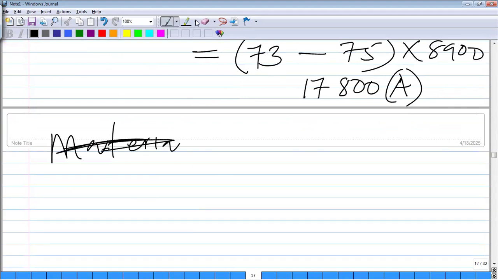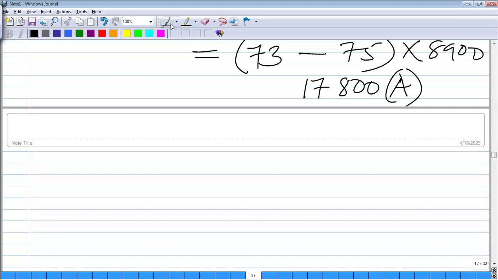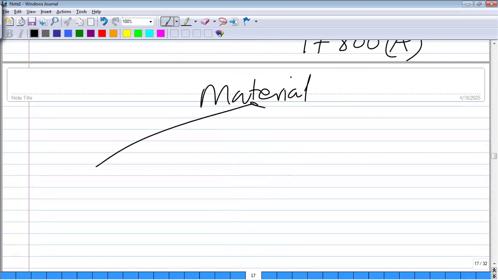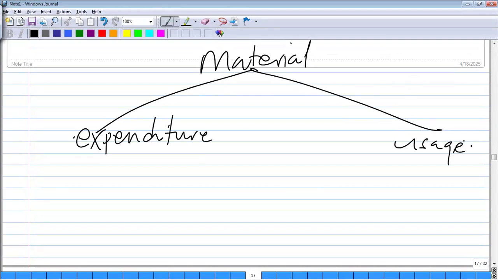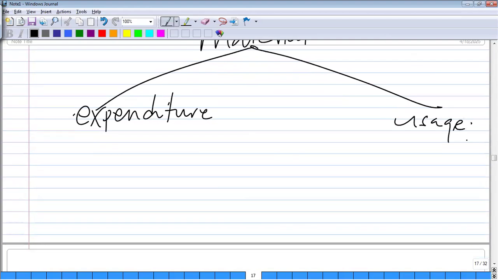Okay. Let's do this. Let me put it here in the middle so that we can calculate it side by side. We're going to bring a total variance for material. The variance is either expenditure or usage. So on the expenditure side, what is the formula?